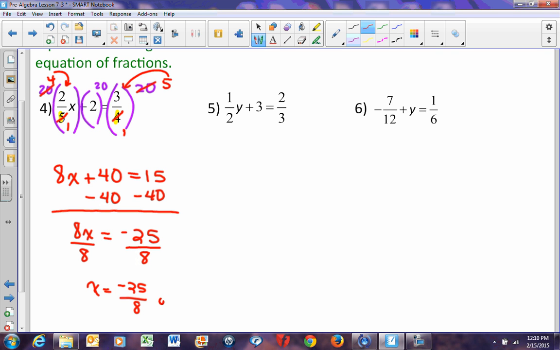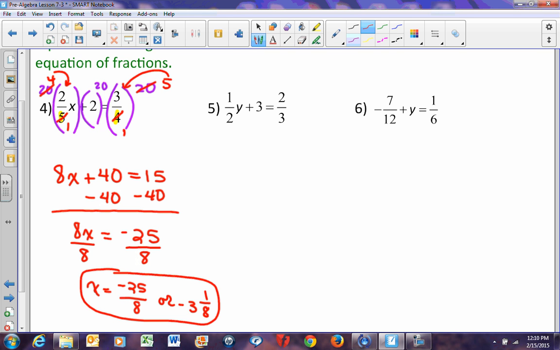Or you can make it a mixed number, which would be negative 3 and 1/8. Either one is acceptable. Since this problem was given in fractional form, the answer should be in fractional form. If a problem is given in decimal form, the answer should be in decimal form.